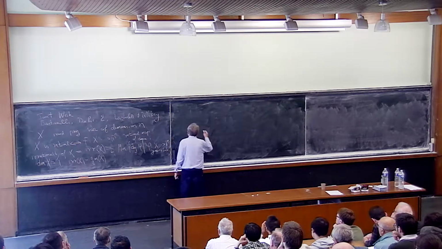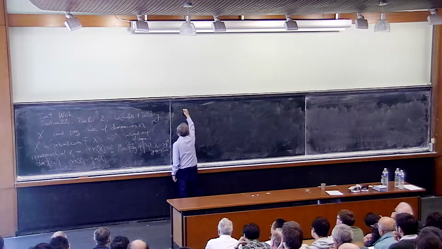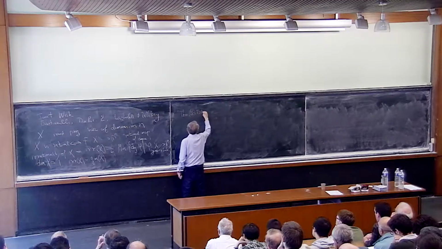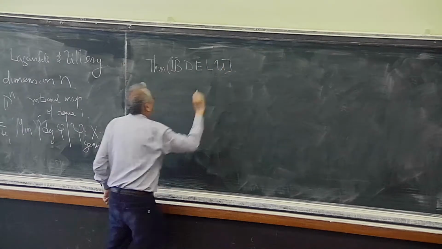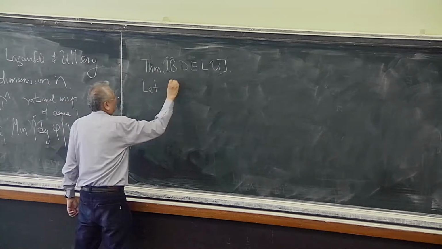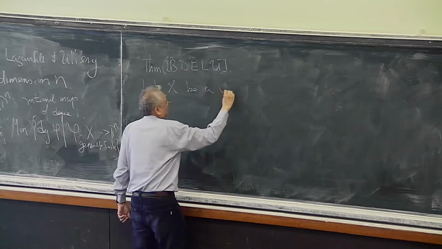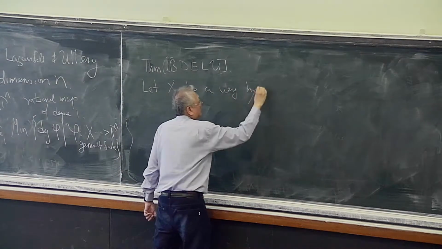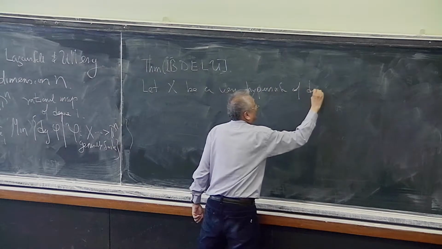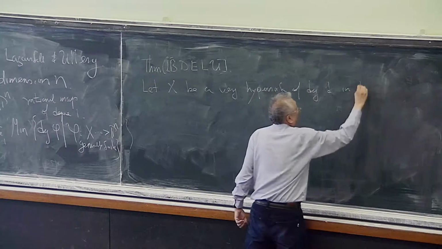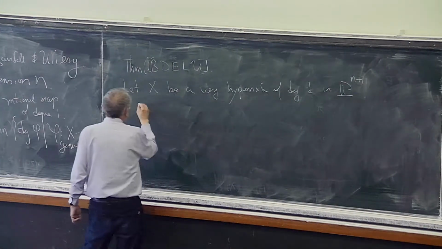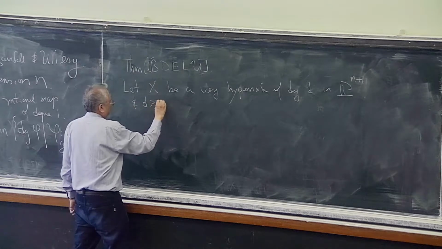And so the theorem is like this. Let X be a very general hypersurface of degree d in P^(n+1), so X has dimension n, and d is greater than or equal to 2n plus 1.